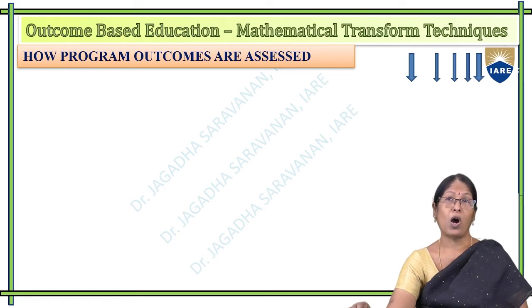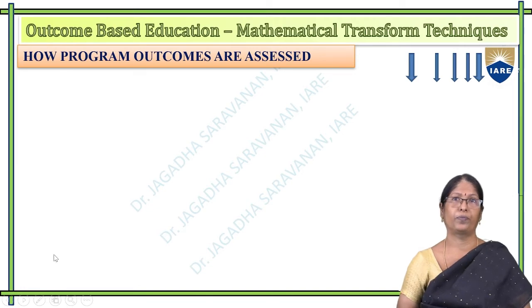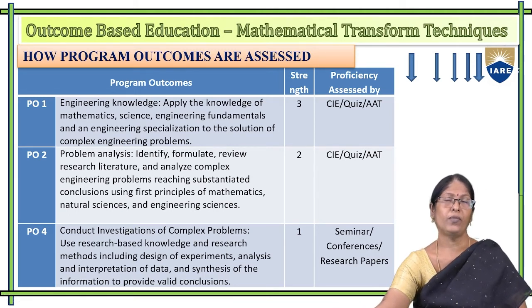Now, how are the program outcomes assessed? Now we can see it. Totally 12 program outcomes are there. These program outcomes are described by NBA, the National Board of Accreditation, and they should reflect the 12 program attributes by NBA.